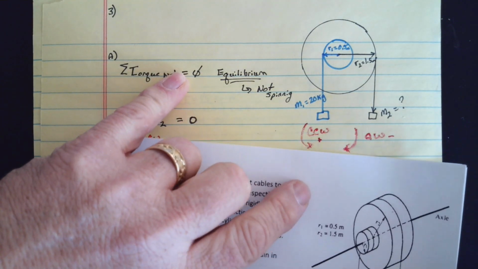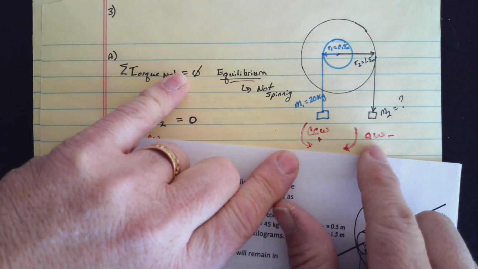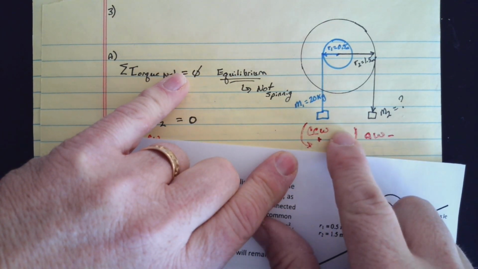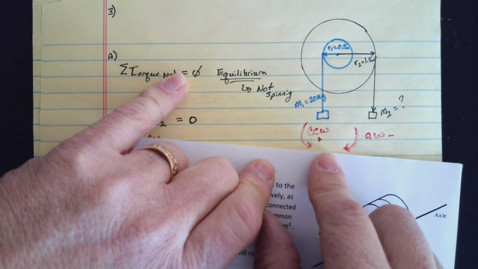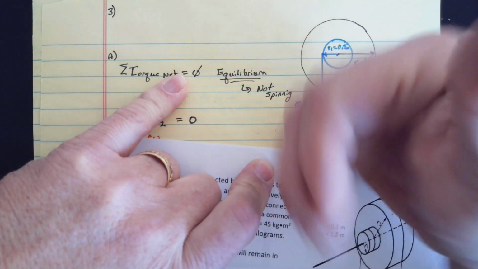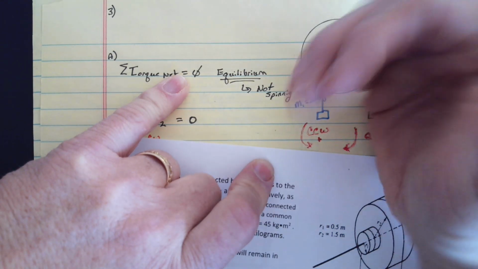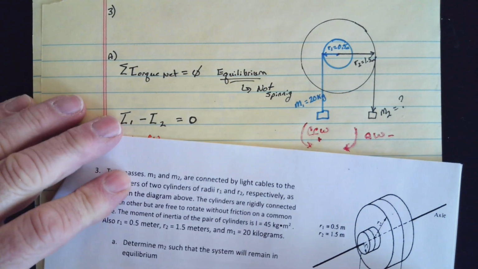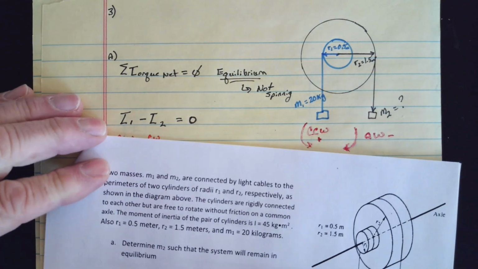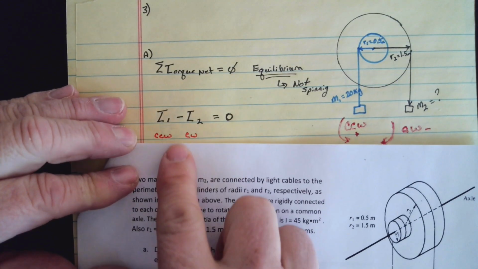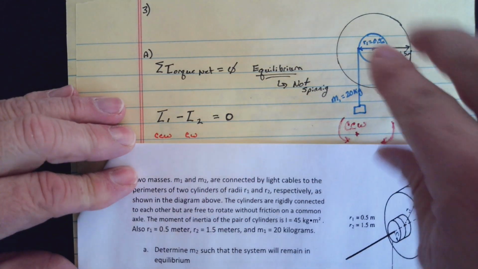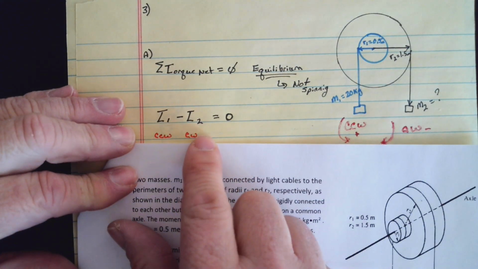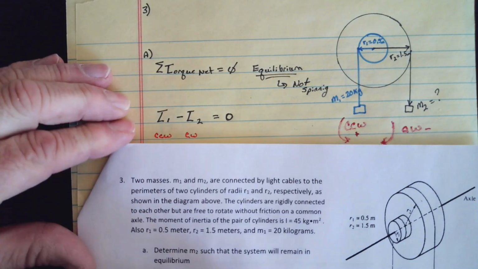Other things I know: going clockwise we count as negative, counterclockwise is positive. That's our right hand rule, my thumb going up like this. So when I write the two torques, I have torque 1, which is counterclockwise, minus torque 2, wanting to go clockwise, is equal to 0.